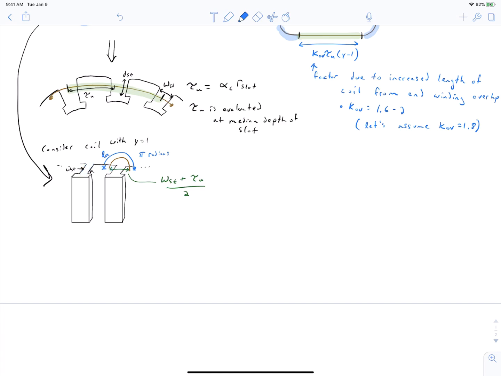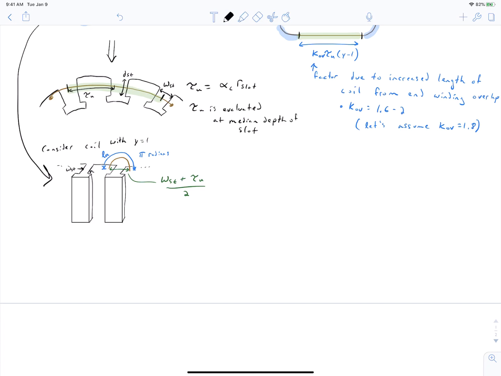Again, this is an approximation. We're just trying to come up with some framework that we can use to calculate these lengths so that we can evaluate the impact of changing our machine geometry in terms of the losses of our winding. So if we have a thicker or a thinner tooth, that has implications for the resistance of our coil, and we want a model that captures that with reasonable accuracy.